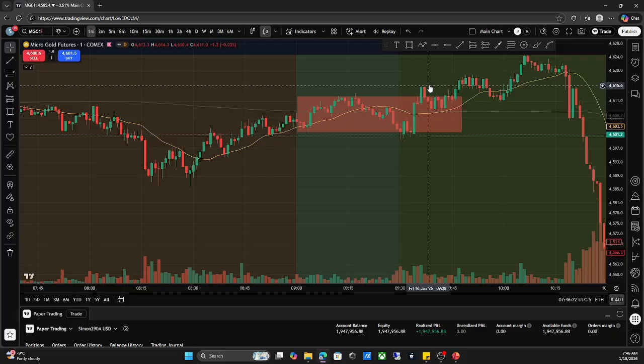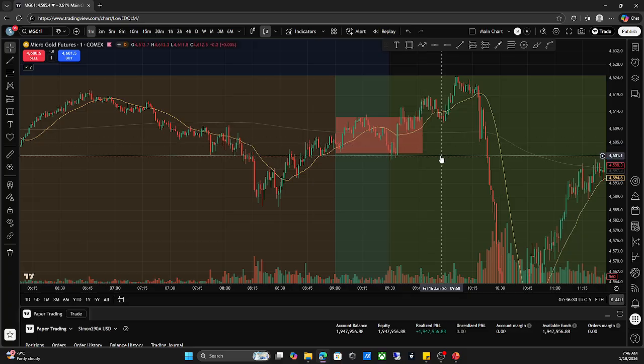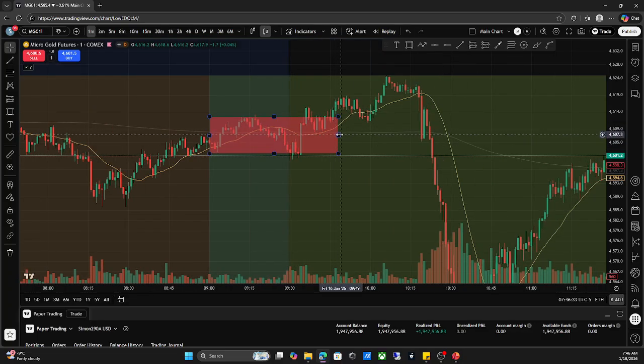You see that it breaks by just one candle, comes back, retests, and pushes back. But I'm not going to trade that. I want to wait for a 2-candle breakout. Here, 1, 2, it breaks with 2 candles, and then I wait for it to come back to the retest. It came back to the retest here.